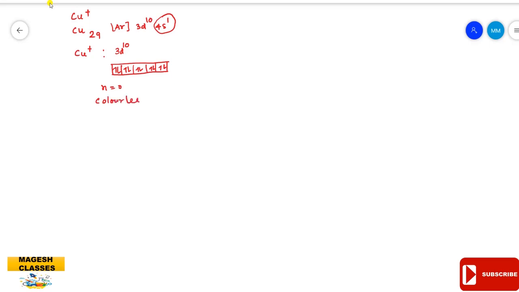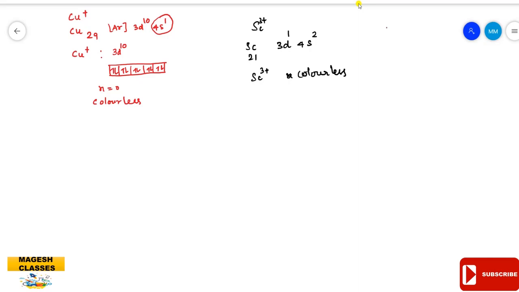It is colorless. Scandium 3+. Scandium, atomic number 21, has 3d1 4s2. Scandium 3+ is formed by losing 3 electrons, so it has no electrons in the outer shell. So it is colorless.